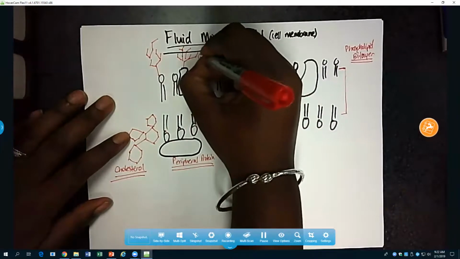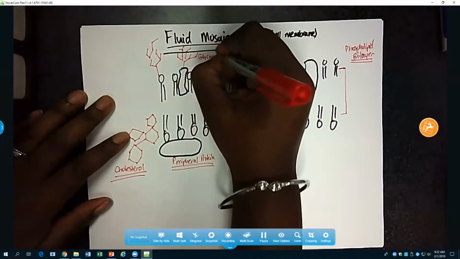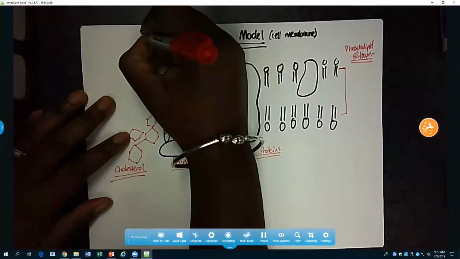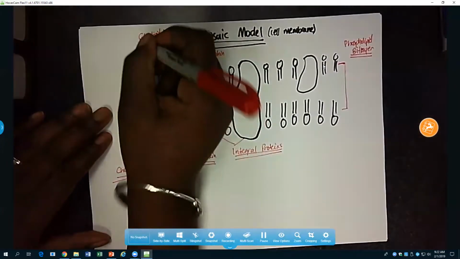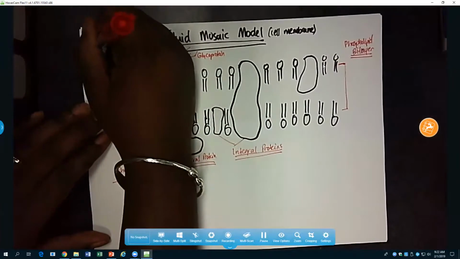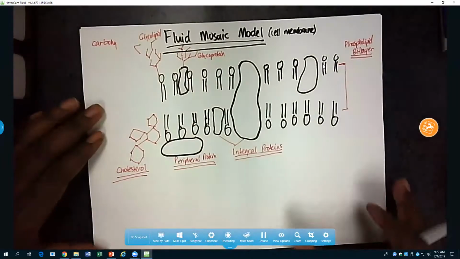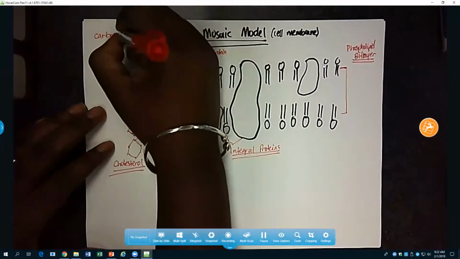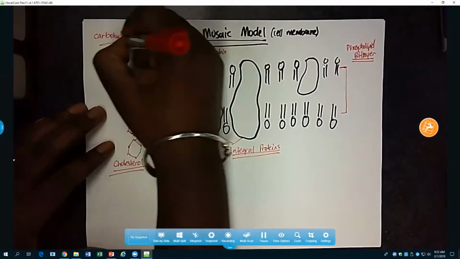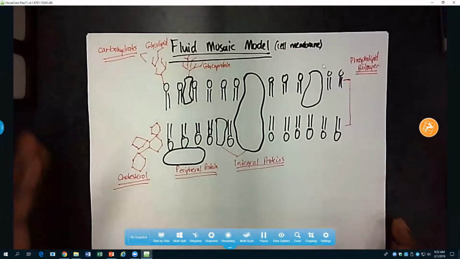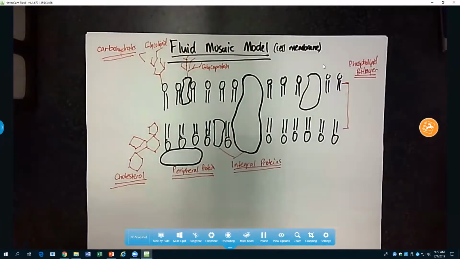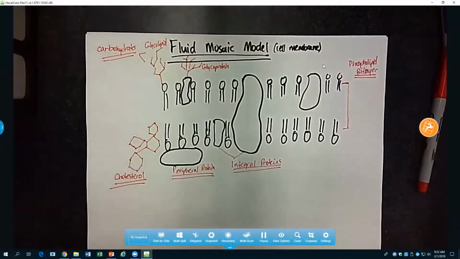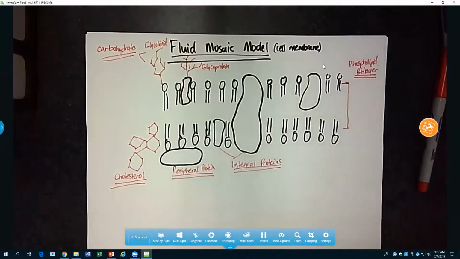So they can be a glycoprotein or a glycolipid, okay? Both of these we will class under carbohydrates. We'll talk about these as well. Carbohydrates. Okay, so we have 5 components that we're going to discuss in a little bit more detail as we describe the structure and function of the cell membrane.